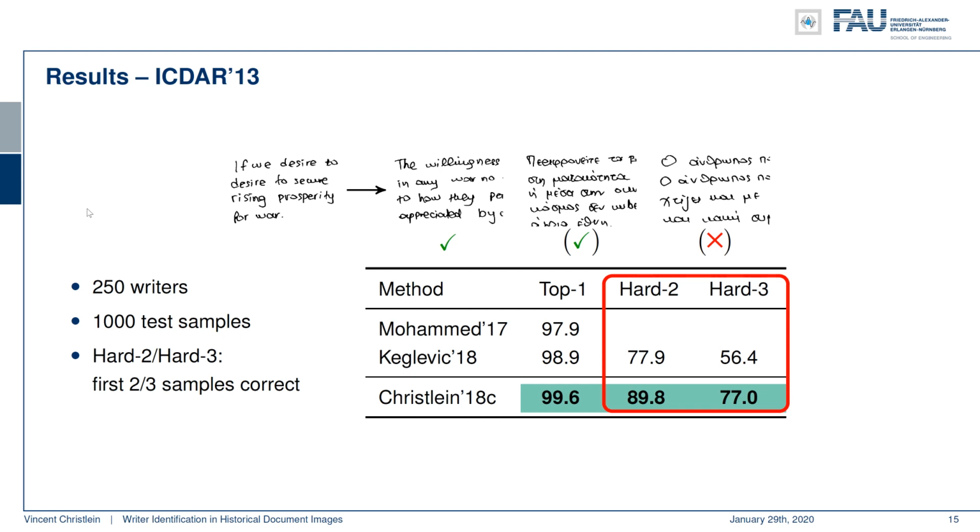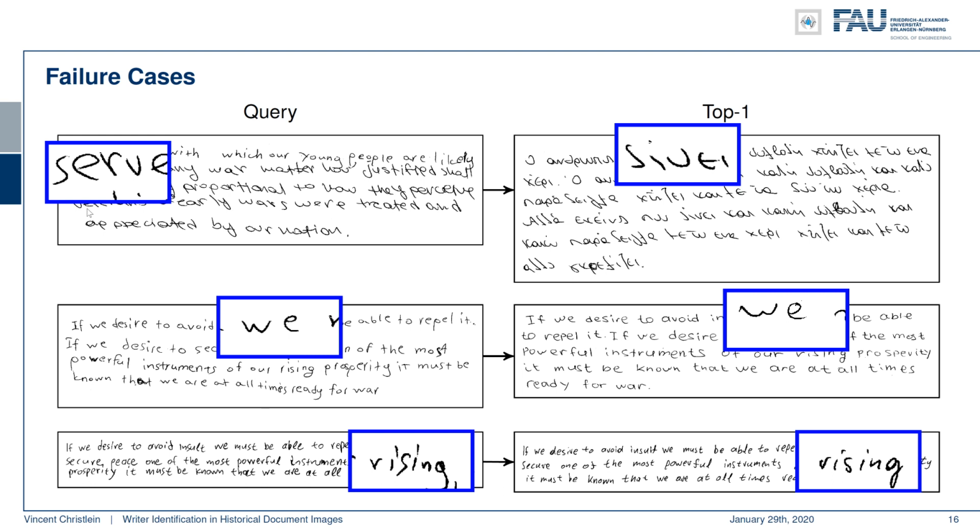Before we go to historical data, just have a look at the few failure cases. There were only 4 failure cases in this example, because 99.6% were correct. So 4 samples were not correct. One thing you can directly see from the second row is that the method thinks the samples are similar to each other, because on the small scale level they look very similar.